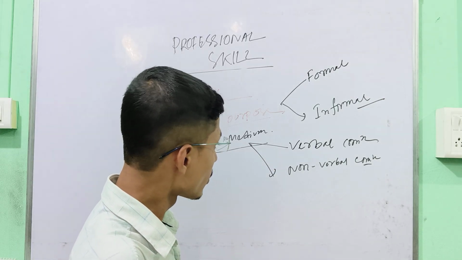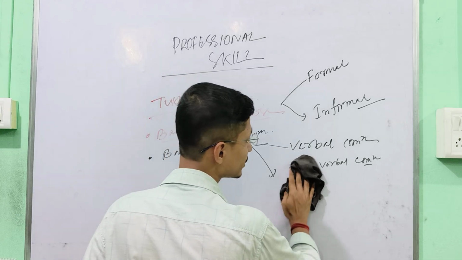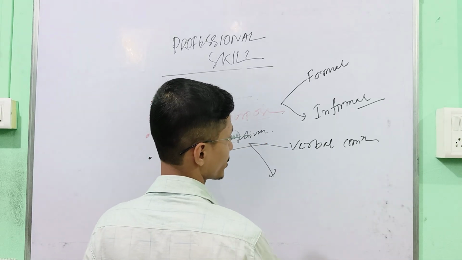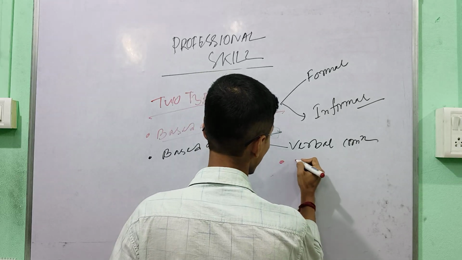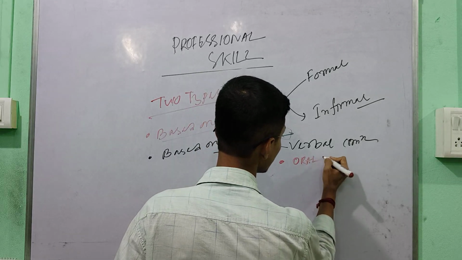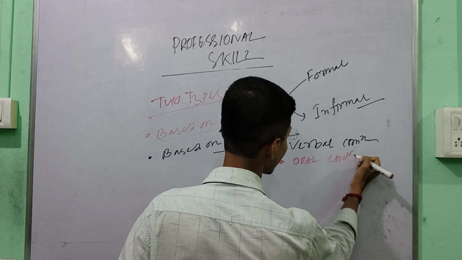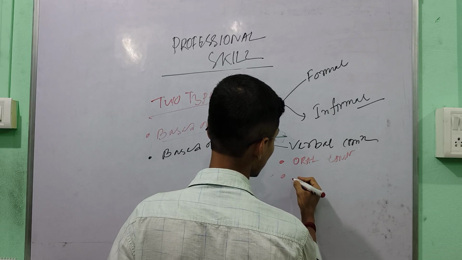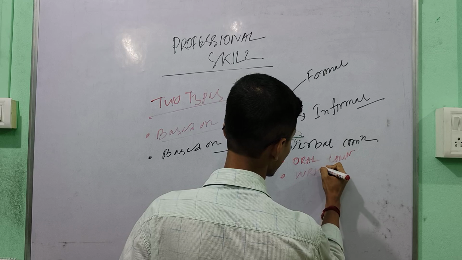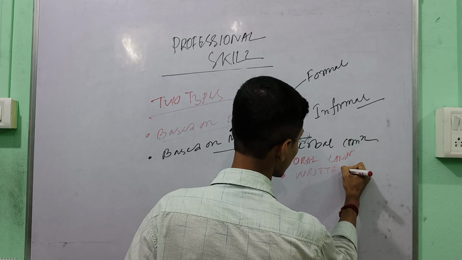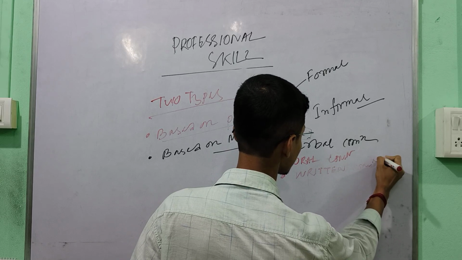So further, verbal communication is classified in two types. One is oral communication, as I explained in my previous description, and another one is written communication.